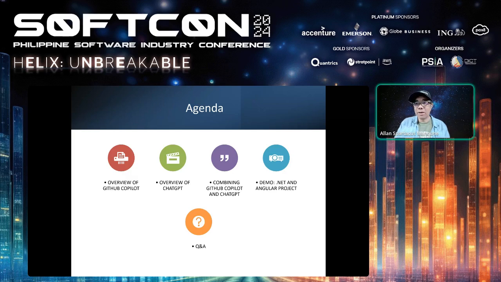Then we look at how these tools can be used together to supercharge your development process, combining Copilot's code generation with ChatGPT's code review and optimization. And after that, I'll show you a demo of both tools in action, using Copilot to generate code and ChatGPT to troubleshoot and optimize the code generated by Copilot. And this will include both the .NET and Angular examples if we have time. So finally, we'll wrap up with a Q&A session to address any questions you have and discuss practical ways to integrate these tools into your own development workflow.